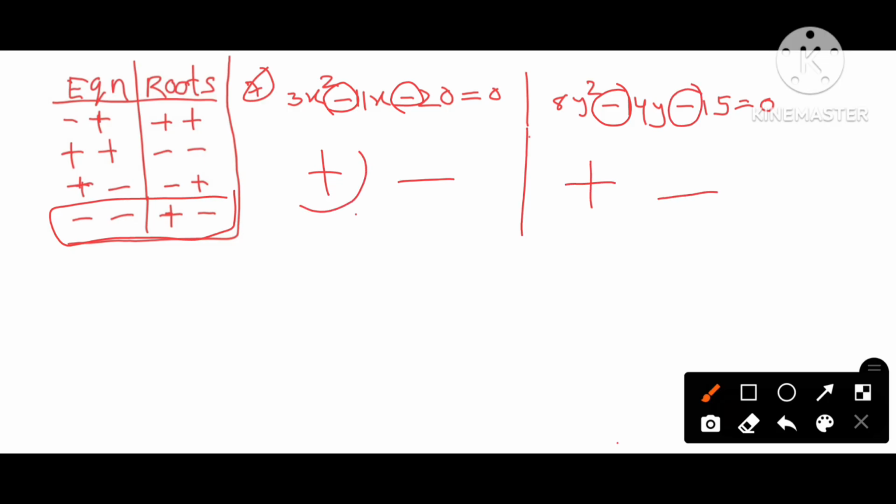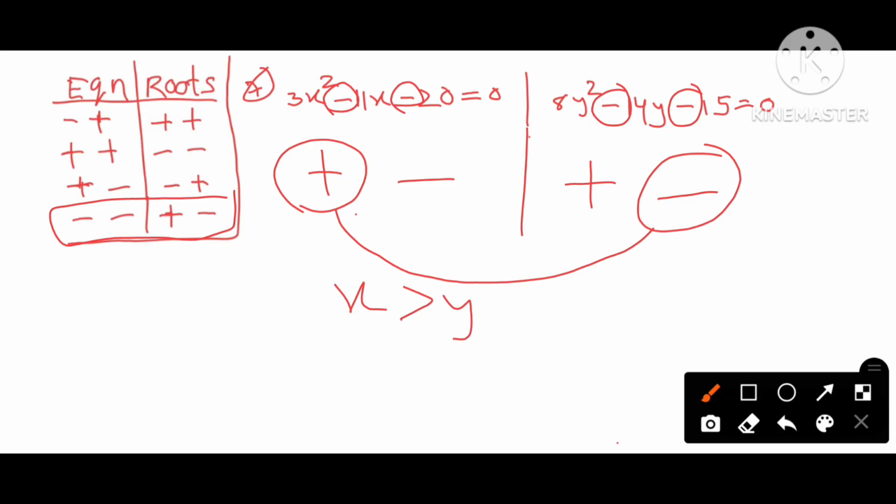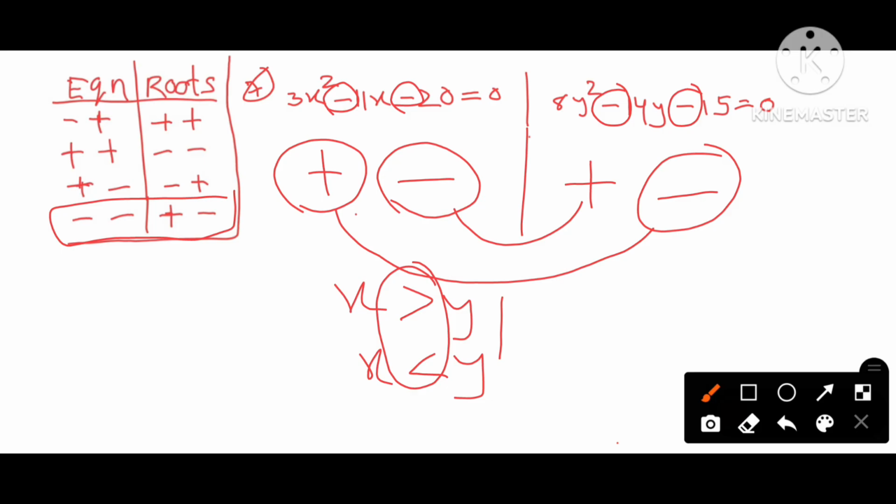Now we need to compare x with y. If we compare positive with negative, we can say that x is greater than y. If we compare negative with positive, we get x lesser than y. So here we get opposite results. So the answer for this question is relationship cannot be established.